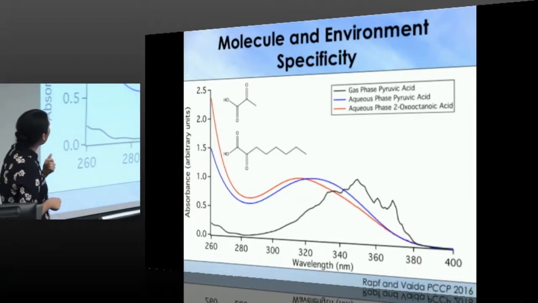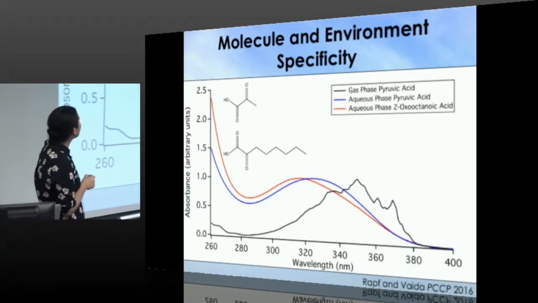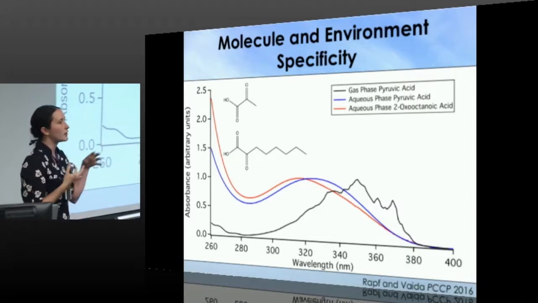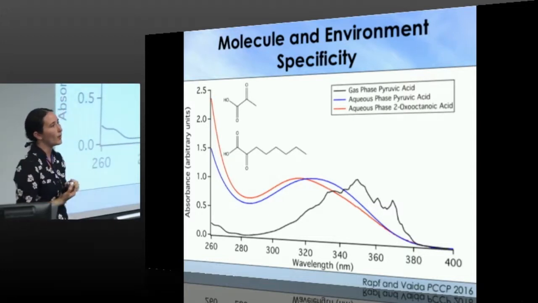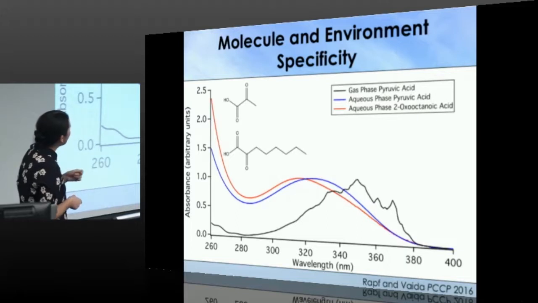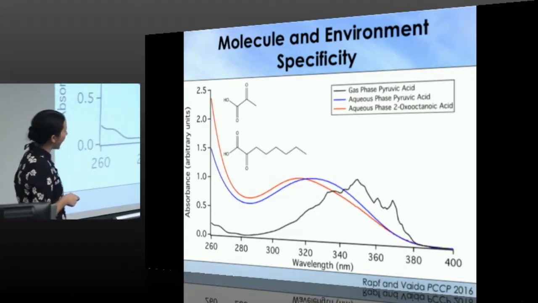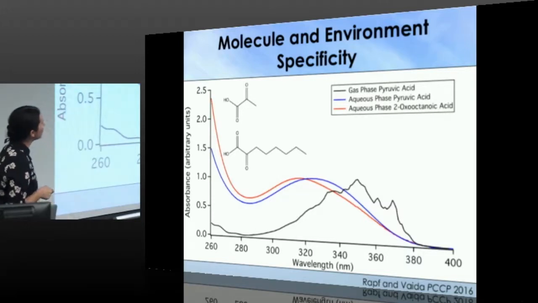And so one of the molecules we use is pyruvic acid here. It's an oxoacid, so it's got a carboxylic acid and then a ketone. And most of your photochemistry and where you absorb light is going to be controlled by what functional groups are in your molecule. So here we see the absorption spectrum for the gas phase pyruvic acid. And you notice that the aqueous phase pyruvic acid is blue shifted.